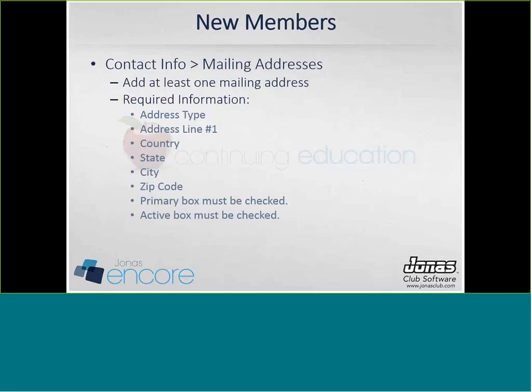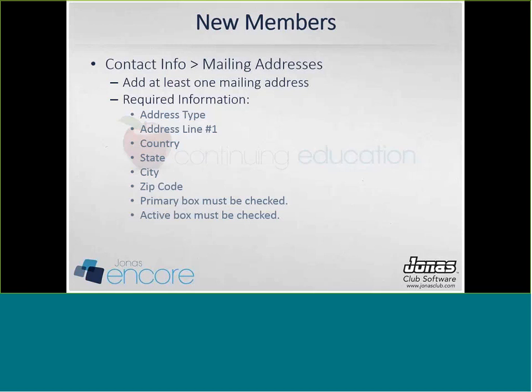The required information for an address is the type of address. So that's something like home, business, other, vacation, summer home, winter home. That describes the type of address that they have. You must have an address line 1. We also allow you line 2, 3, 4, 5. Country, state, city, zip code, or postal code if you're in Canada.